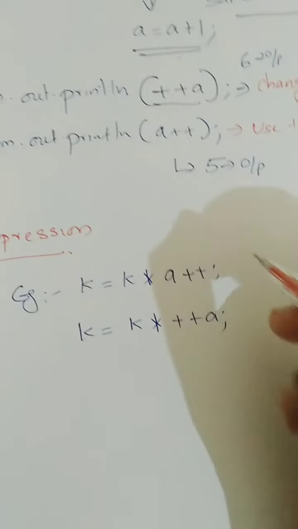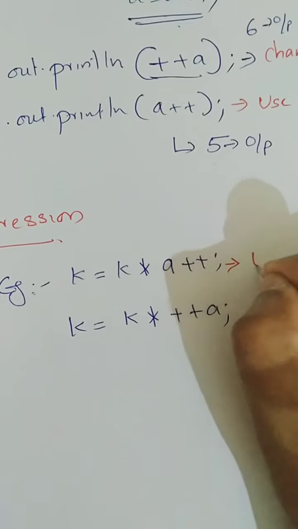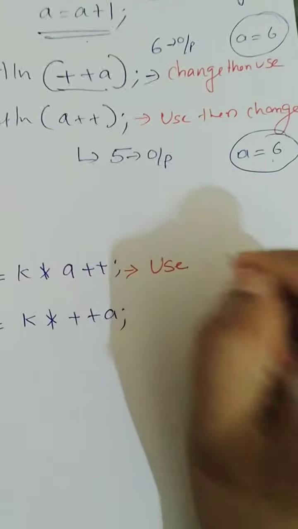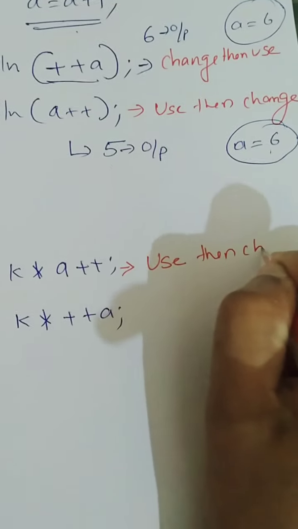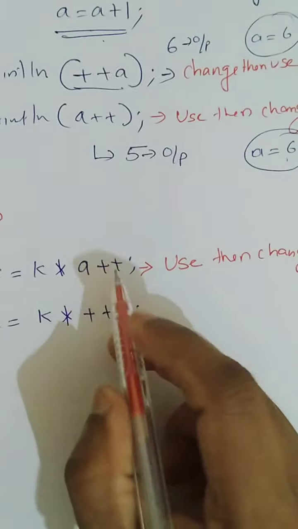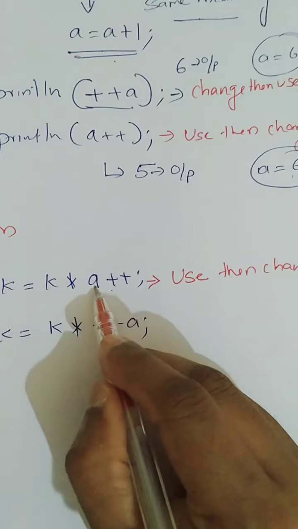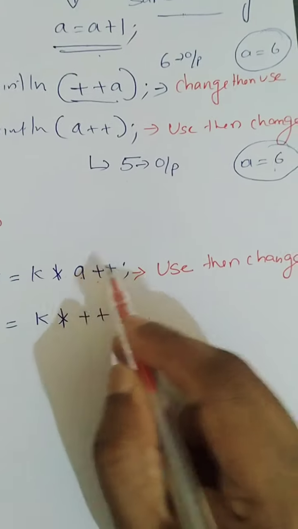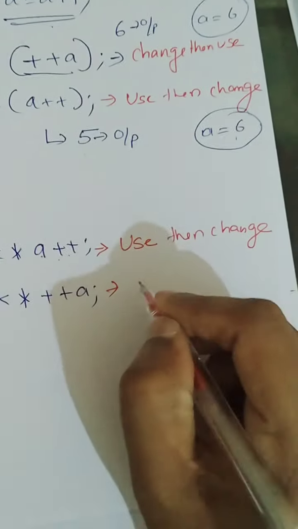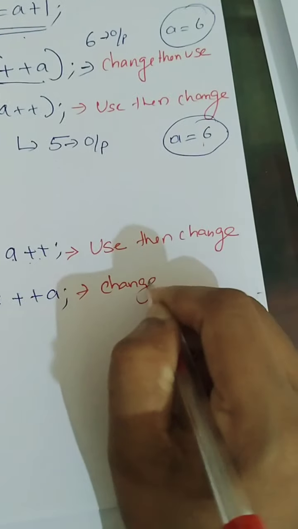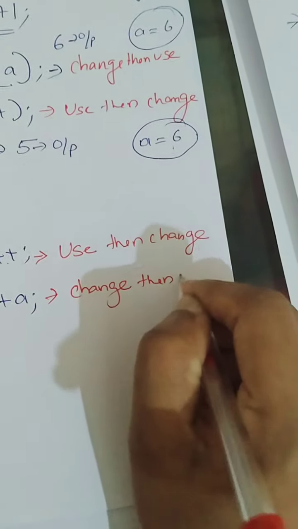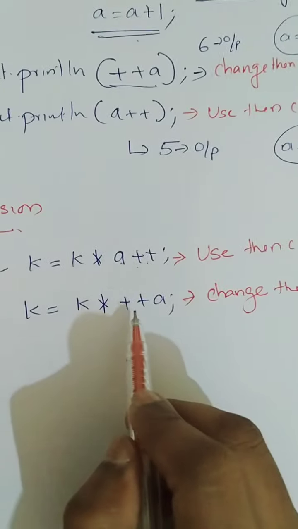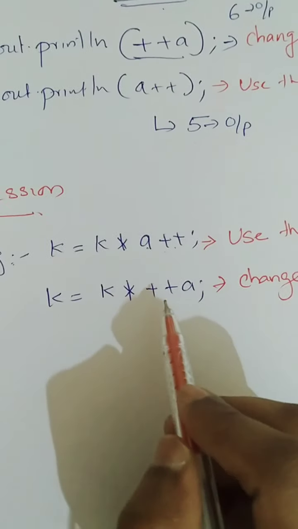If it comes in an expression like this, then for the postfix it uses the variable's value and then only makes changes. This is postfix, so use the value of the variable and then only change. Here change the value of the variable and then use it because it is coming in front.